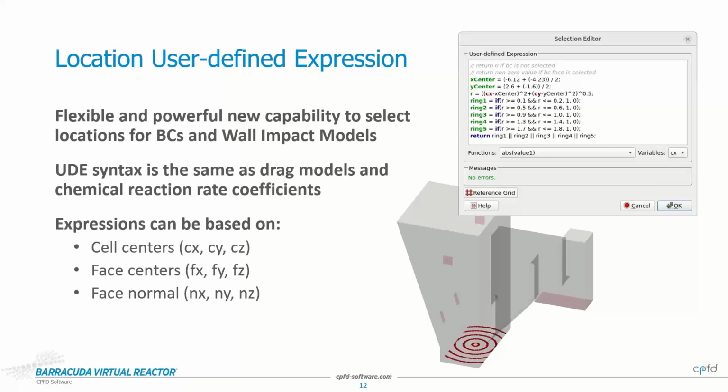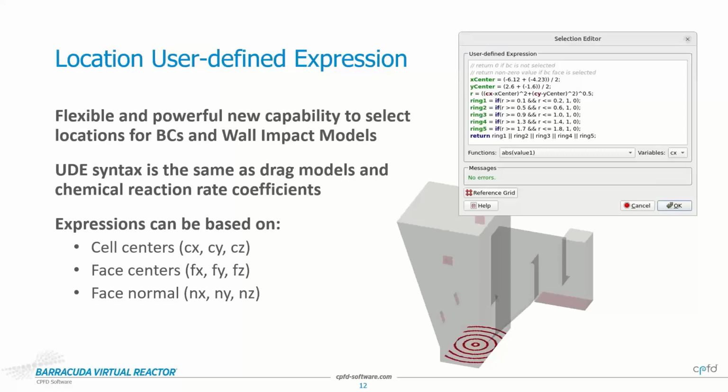The example on this slide illustrates how BC faces can be selected using this new feature to get shapes that would be quite difficult or tedious to define using only the previously available select region functionality. By defining a few equations and using the newly available OR operator, which is the two vertical lines on the last line that you see there, called pipes, we can do this sort of flow BC pattern of concentric rings with about 10 lines of code.